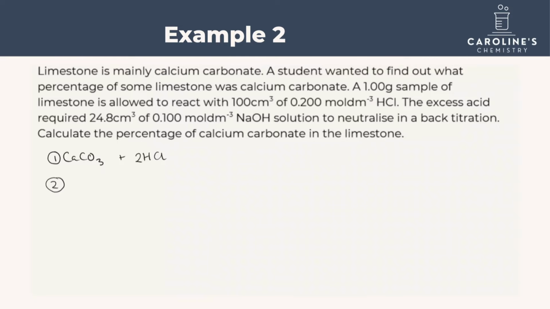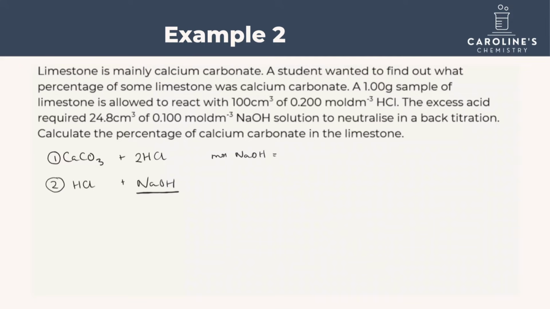Second reaction that happens is the leftover hydrochloric acid was titrated against sodium hydroxide, and that's a 1:1 ratio. So, clues in the name, back titration, we're starting at the back and working back towards that first equation. So the moles of sodium hydroxide, we're now going to calculate because we're given the volume and the concentration.